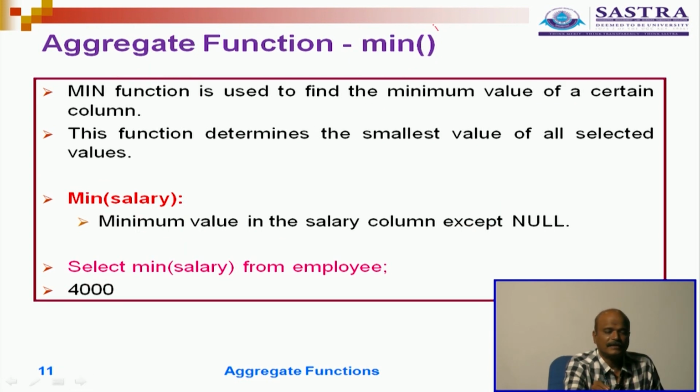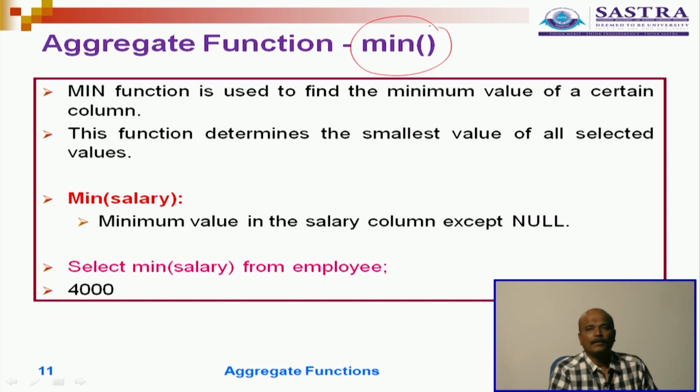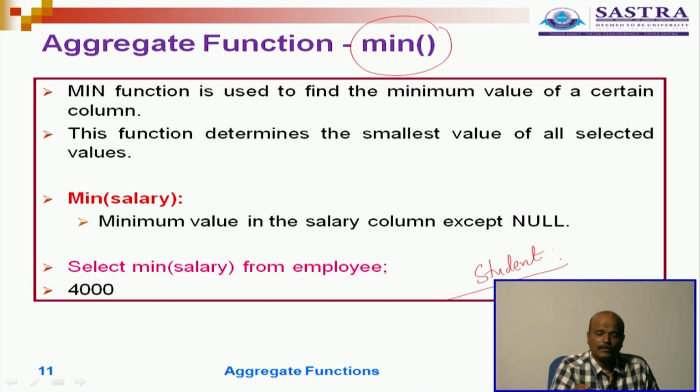The next function is the minimum function. Now I want to retrieve the information about the employee who is receiving the minimum salary. Or suppose you assume you have a table called student, where I have stored the marks secured by each student.